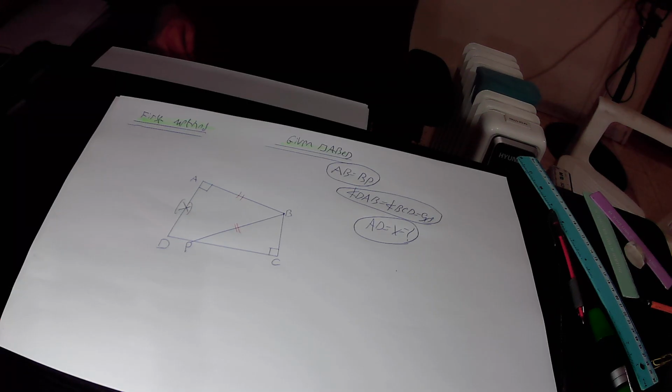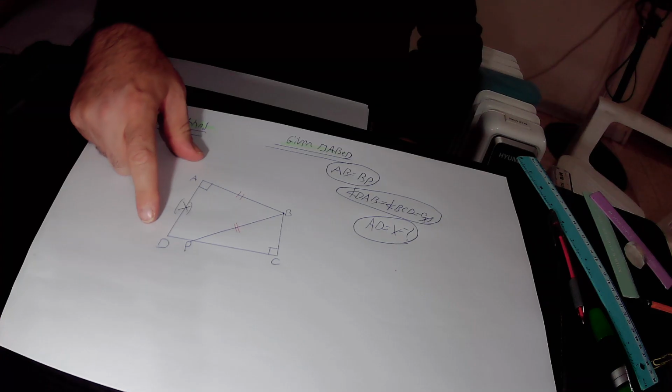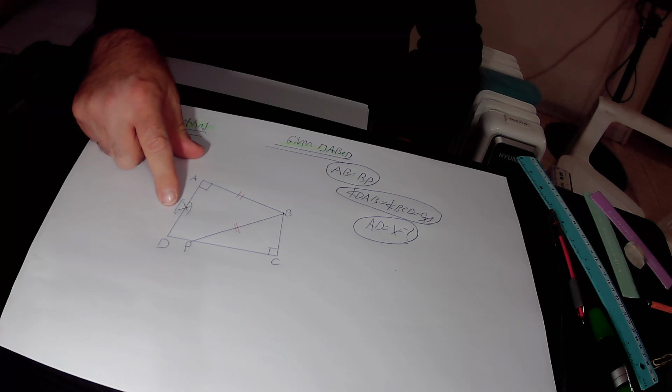The second question, our task is to find out the length of this side AD is equal to X. And again, we have to find out the length of side AD is equal to X. So we have to find out the length of line segment X.